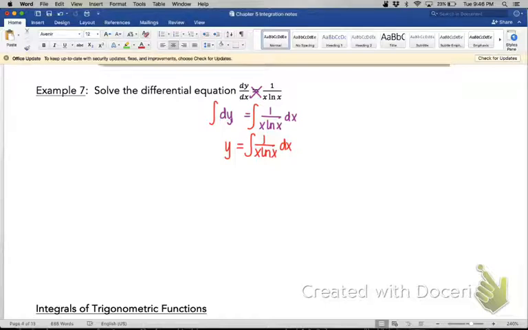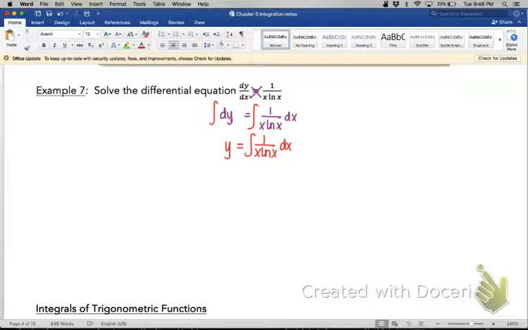Now, I see that I have a 1 over x. That might be helpful. I see that I have a 1 over the natural log of x. That might be helpful. So again, you have to play around with it. What we're not allowed to do is split apart products. We can only split apart sums. So rewriting this as 1 over x times 1 over the natural log of x might not be so helpful.